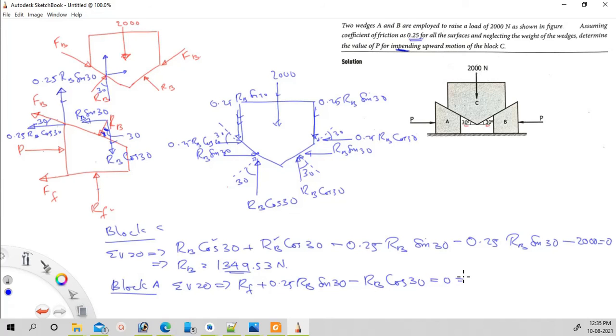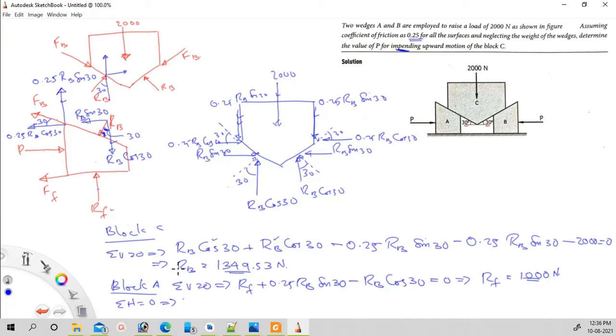So when you put the value of RB, you will get RF approximately equal to 1000 Newton. RF is equal to 1000 Newton because the value of RB we have already. Substitute here. The only unknown is RF. Now sigma H is equal to 0.